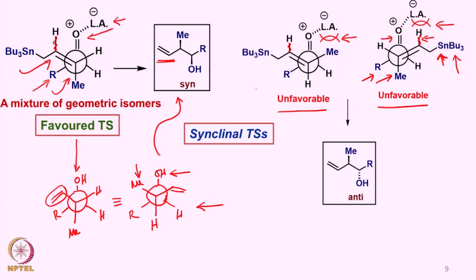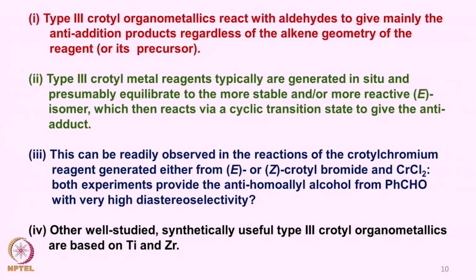In a similar fashion you can also write down this particular molecule, this particular orientation, in such a way that if we rotate the vinyl part opposite to this carbon R bond, then we will see that we get the same product as an anti product. Therefore, considering this kind of synclinal transition states, of course we expect that we get the favored product as the syn product.